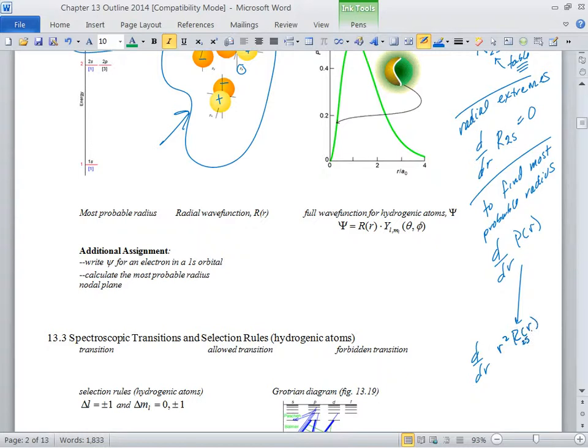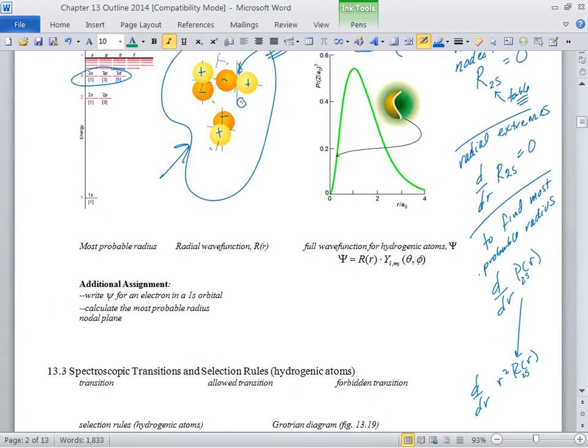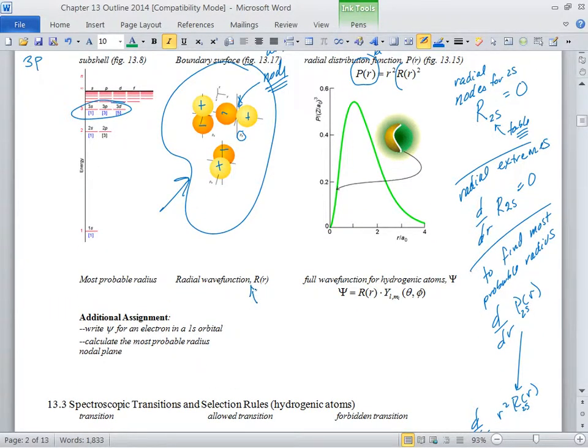If we're talking about 2s, just pretending it's 2s. Whatever orbital they're talking about, you just find the right distribution function and put it in there. So we talked about how these are on page 349, table 13.1.